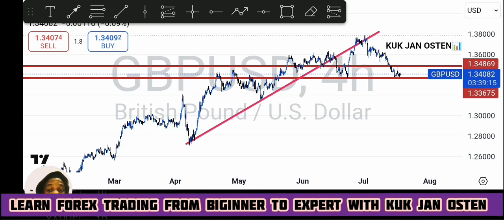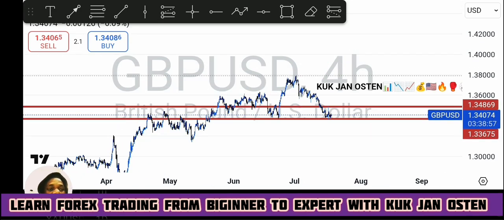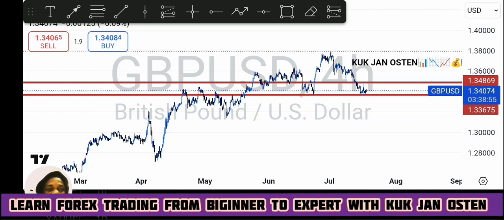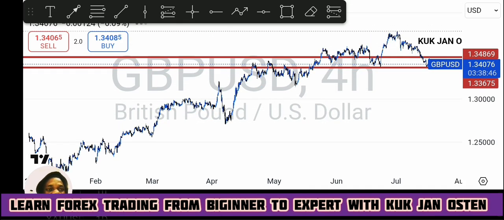With regard to our support and resistance, in this zone, this was a strong resistance, and it was broken. How was it broken? The market came, reacted off, came back and bounced, forming a lower low, a higher low and a higher high.